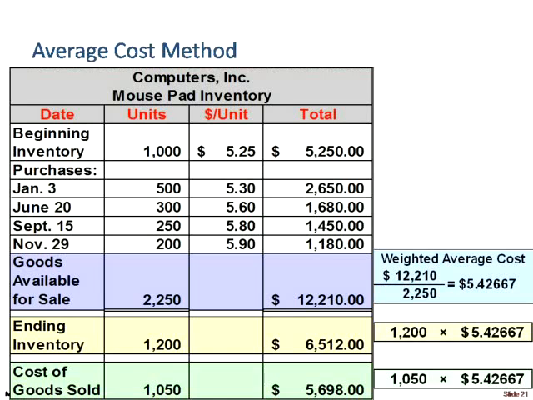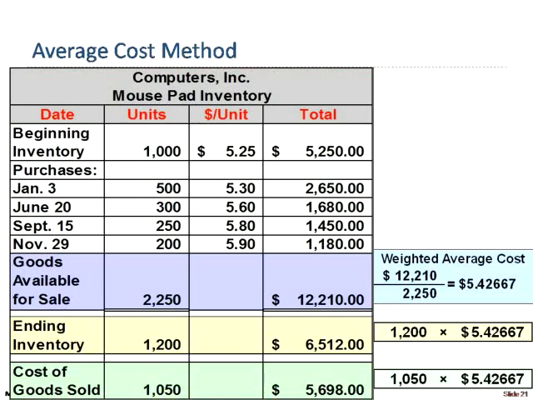Next, we can compute the cost of ending inventory by multiplying 1,200 units times the average cost per unit of $5.42667. The cost of the ending inventory is $6,512.